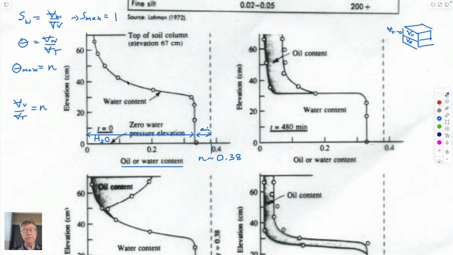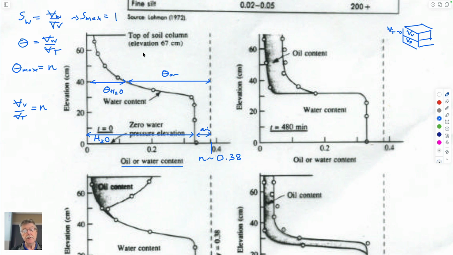And so as you go further up in the column, as predicted by the capillary pressure versus saturation curves, the volumetric content of air and the volumetric content of water change.